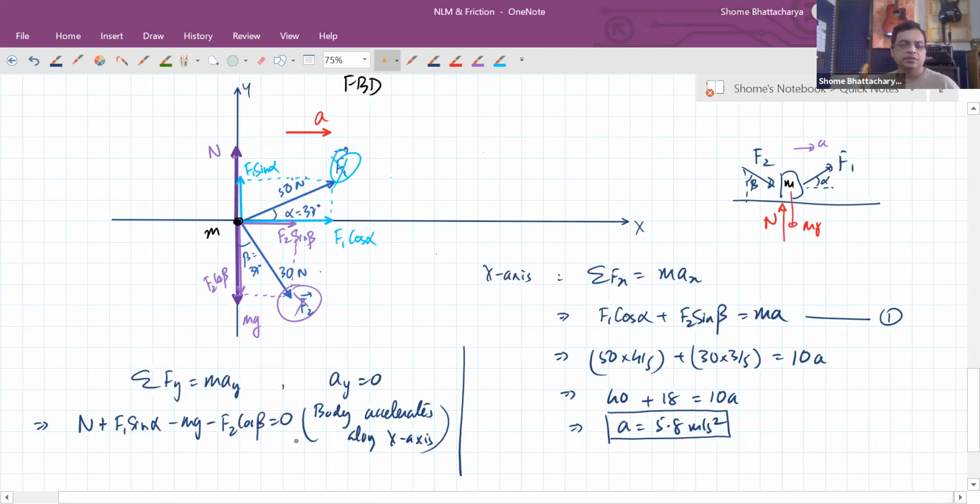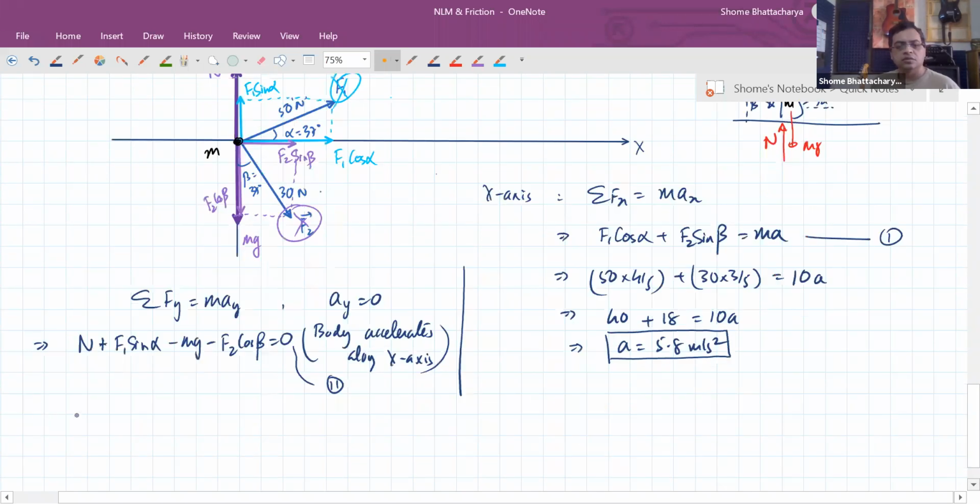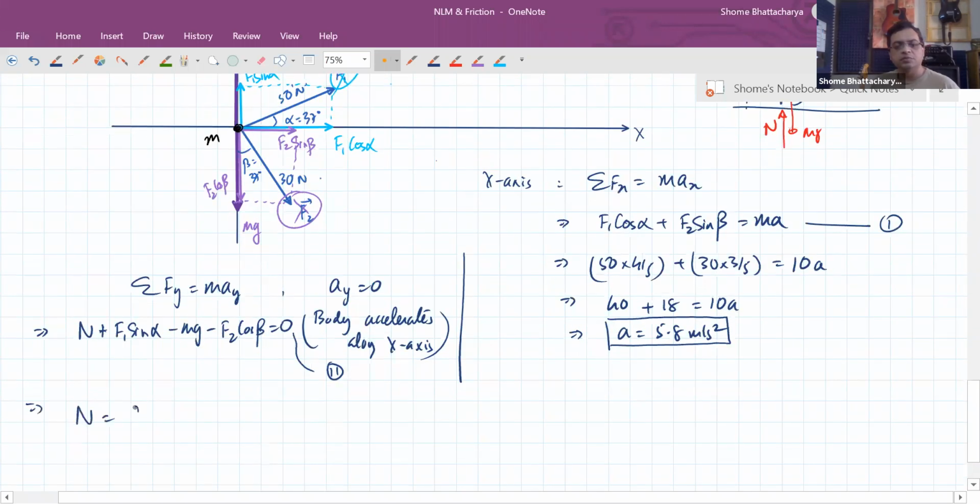So this is our second equation. From this we will get the value of the normal reaction. So normal reaction will become mg plus F2 cos beta minus F1 sine alpha, which we can now see. Mg will be 100 newtons. This will be 30 into cos 37, so that's 4 by 5.